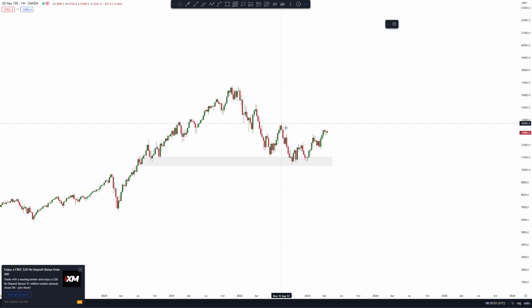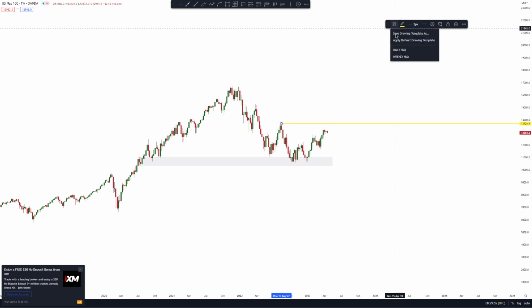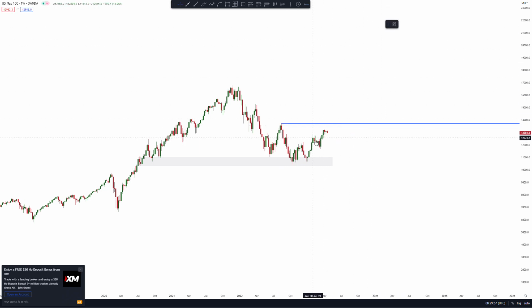This would be my weekly high, and then this would be, I would prefer this to be my weekly low, simply because it has become our strong low either way.